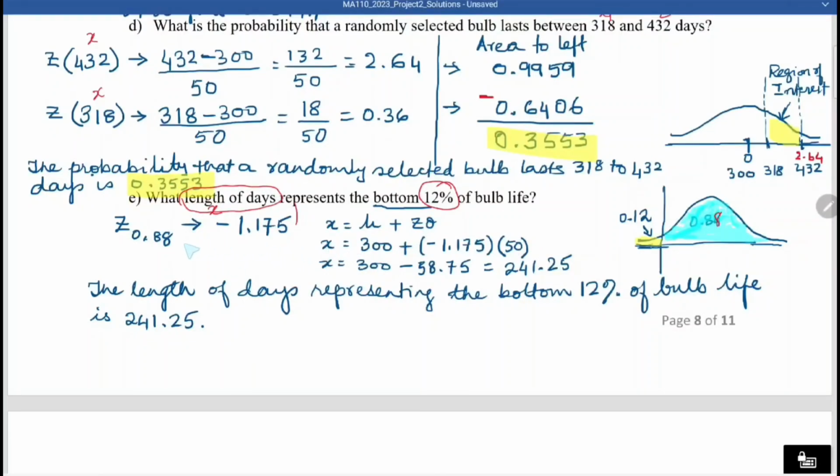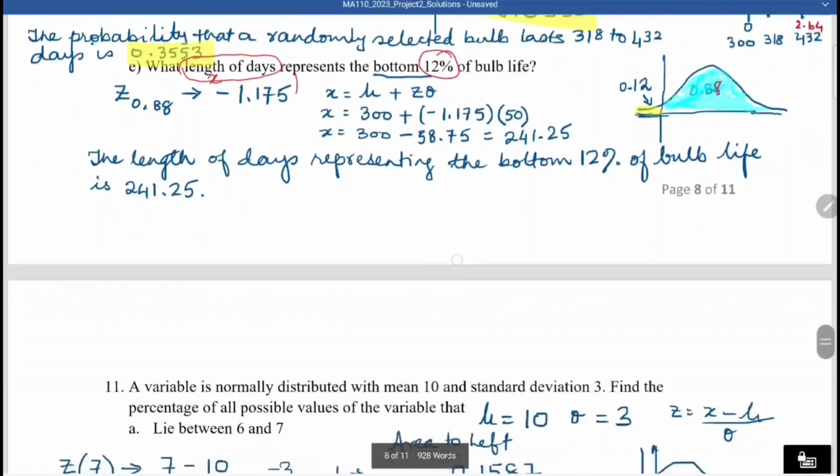So we are given the area, we find the corresponding z value, which is negative 1.175. And then we use the formula x is mu plus z times sigma. Plug in the values correctly and we get an x value of 241.25. So the length of days representing the bottom 12% of bulb life is 241.25. That completes this particular question.